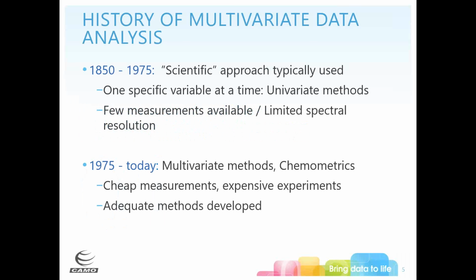So a little bit of history about multivariate data analysis. I'm sure everyone was used to, back in middle school and high school, everyone talks to you and says things like, you should only change one variable at a time when you're looking at your data. That's called a univariate method, and there are some cases where that works well, especially when you have low spectral resolution.